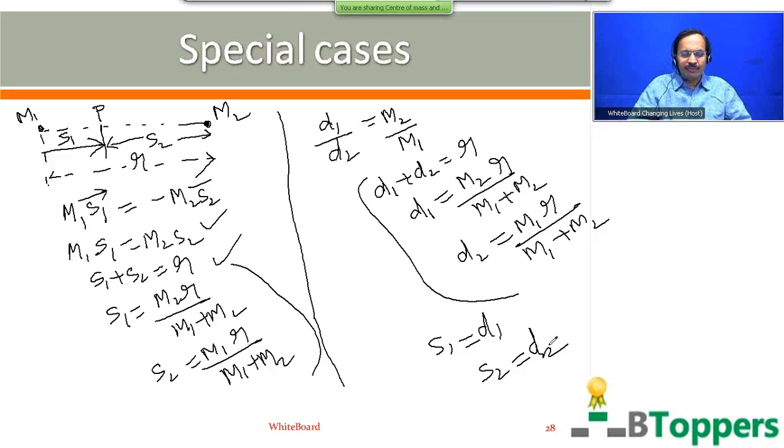And the ratio of the distances covered by them up to any instant before they collide will be the inverse ratio of their masses.